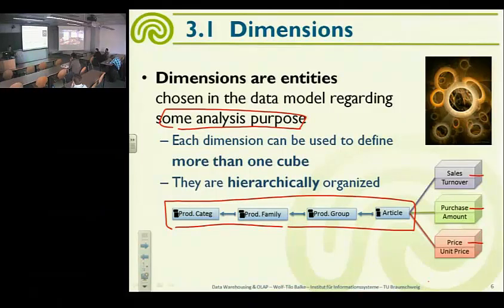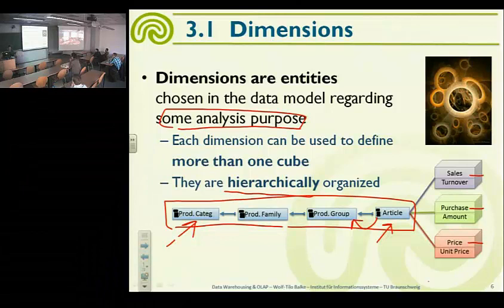The thing about the dimension is they are divided into different granularities. They have different granularities, but these granularities are not haphazard. What I want to mean is that they are hierarchically organized. So like with the time dimension, you have the day, the month. So you go from the finest granularity up to the highest granularity, which means that each article is associated with one product group and only one product group.